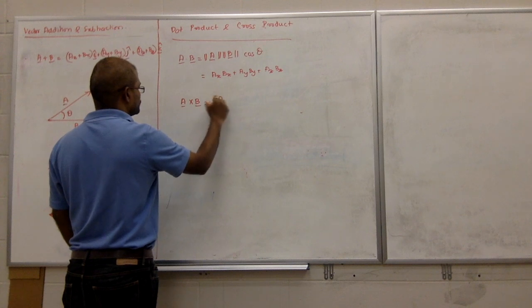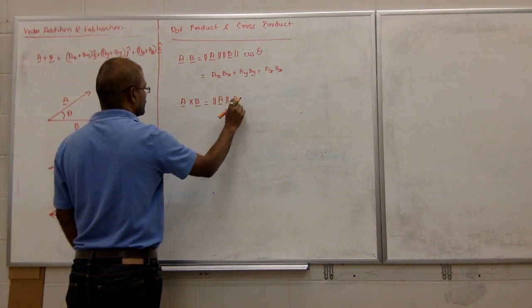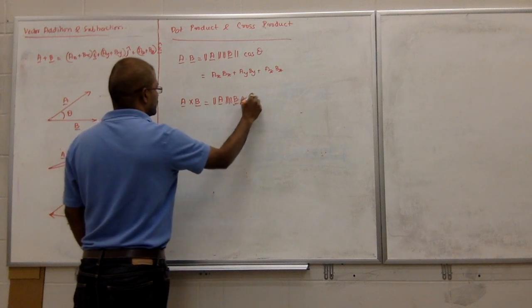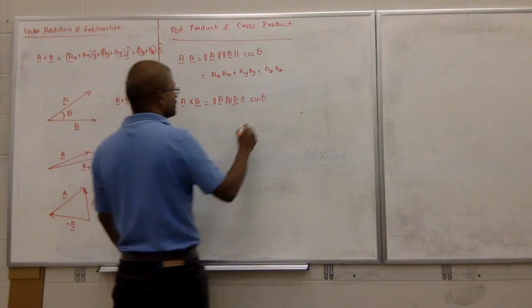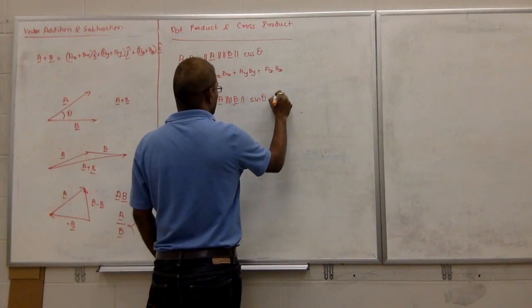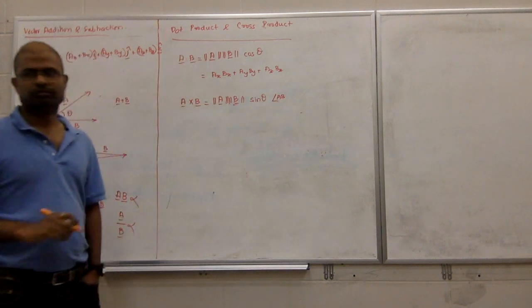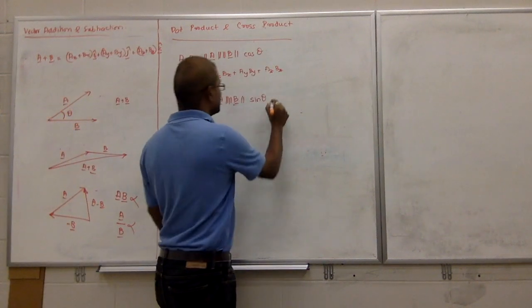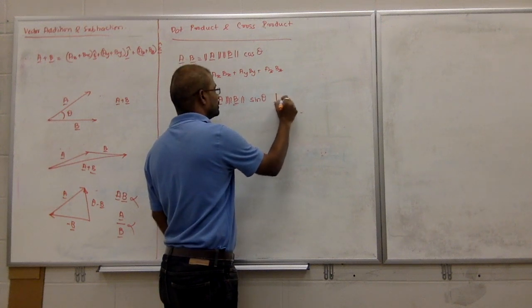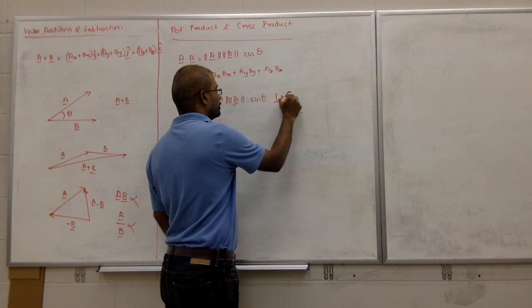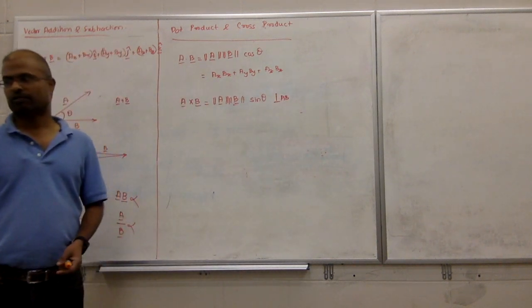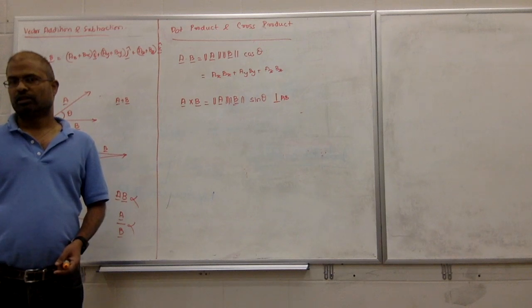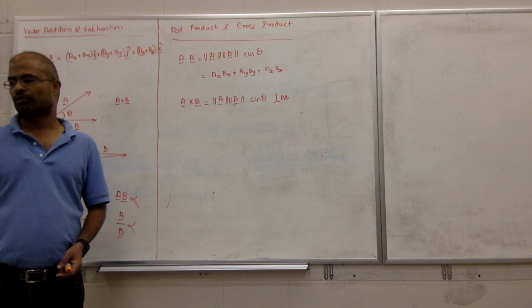A B sine theta, and this will be a vector in the direction perpendicular to A and B. So if you have two vectors, the cross product will be perpendicular to those.